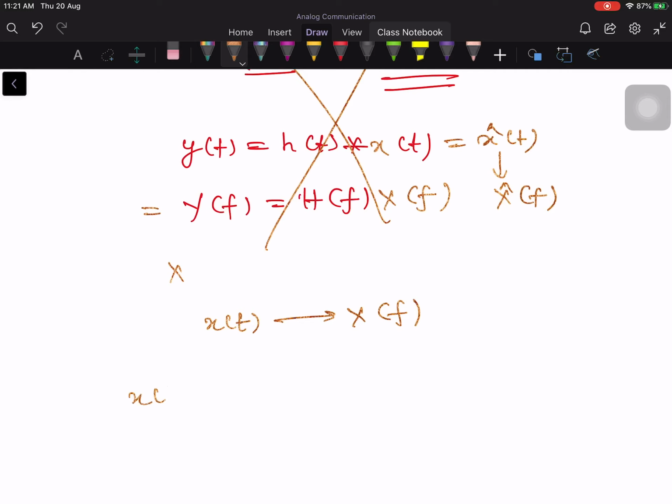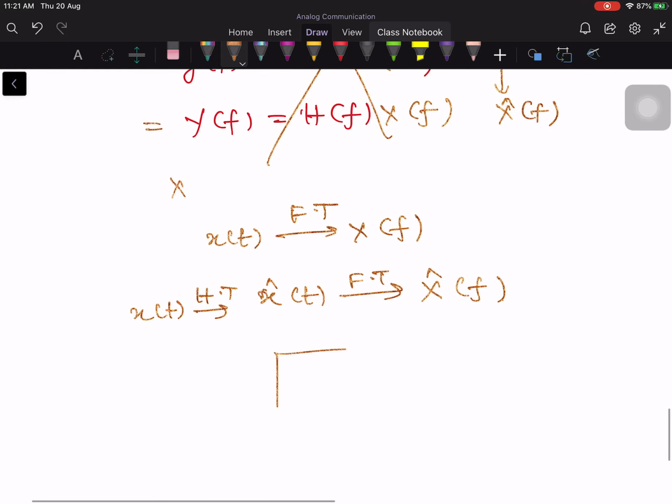X of t, if you take the Hilbert transform, you will get x hat of t. Then again if you take the Fourier transform, then you will get x hat of f. Okay, Fourier transform of Hilbert transform of x of t.